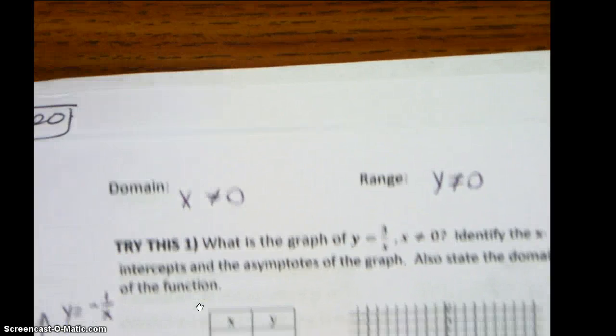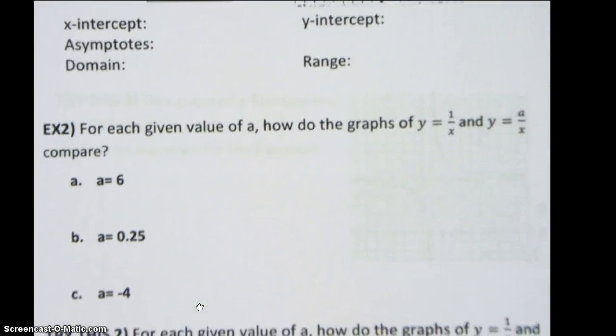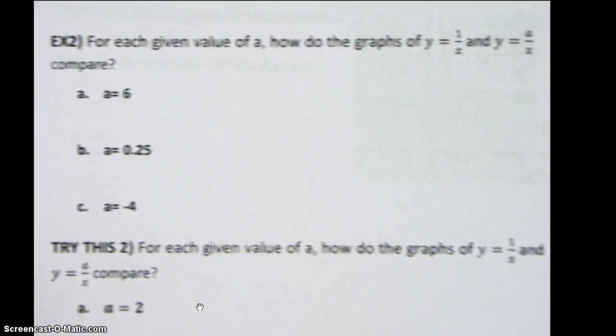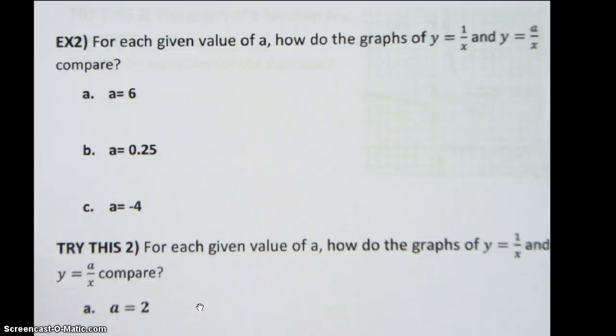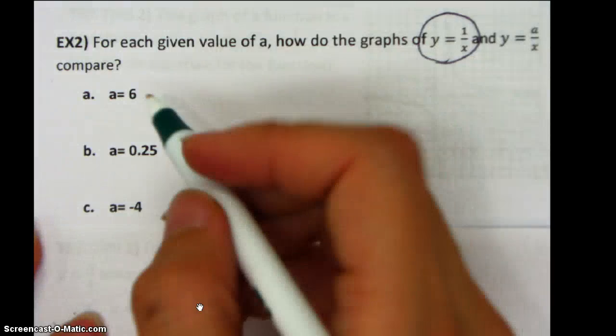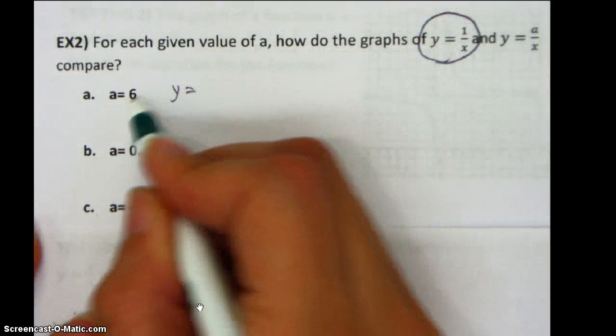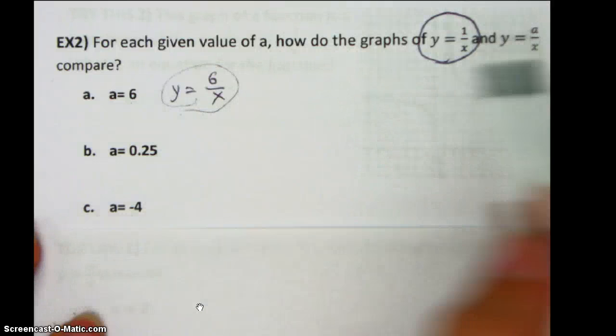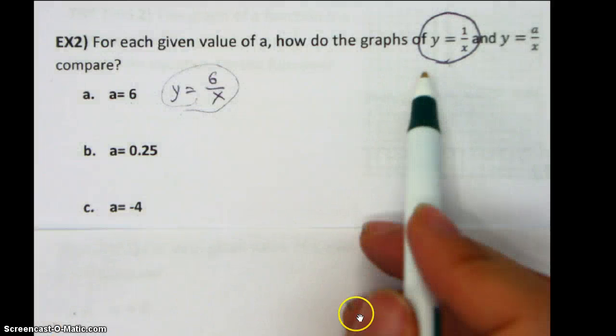Okay, let's look at the second example. For each given value a, how do the graphs of 1 over x and a over x compare? So let's say we have this parent function, and I have y equals a over x, where a is 6, so 6 over x. How does this differ from the original function, 1 over x?